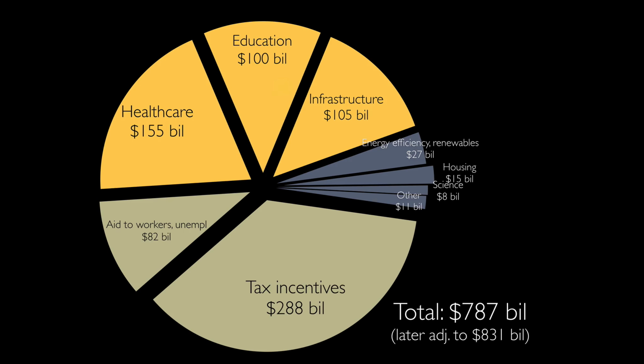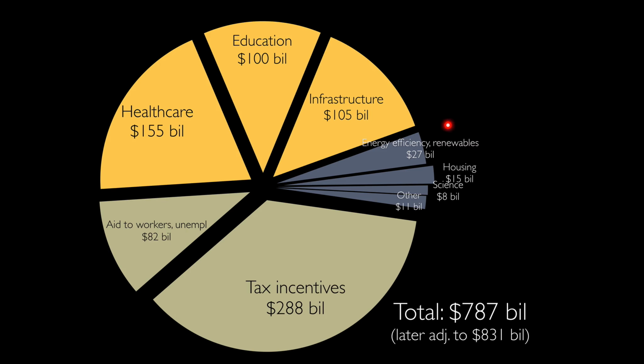Okay, so now there was a portion of it which we could call progressive. That is, there was a portion of it, 82 billion, that went to low-income workers and went towards increases in unemployment compensation. All right, so $82 billion. Again, most of that directed through the states. And then a series of tax cuts. Most of them are towards individuals, some of them towards corporations. And then you had some other stuff in here as well.